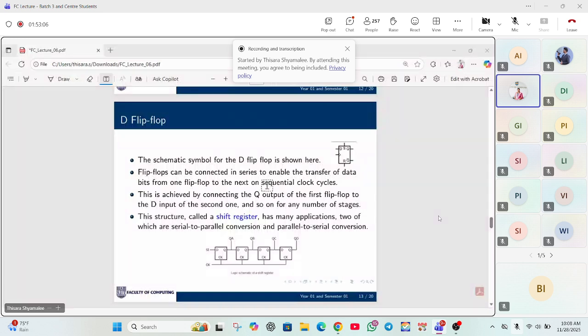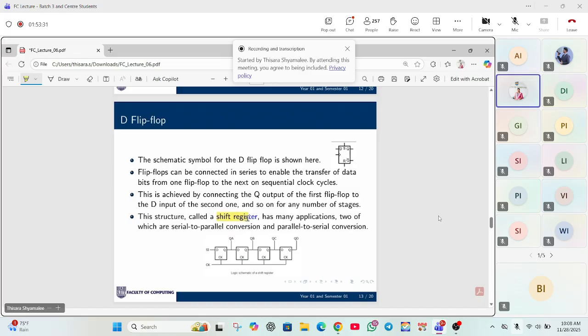Flip-flops can be connected in series to enable the transfer of data bits from one flip-flop to the next on sequential clock cycles. A series of D flip-flops can be connected together and we can create a shift register.